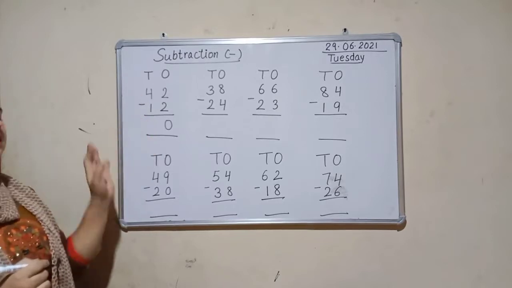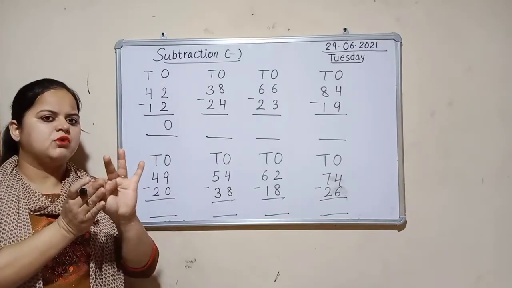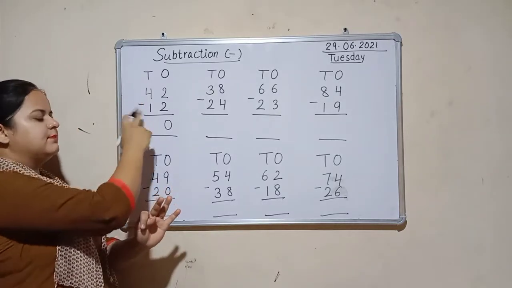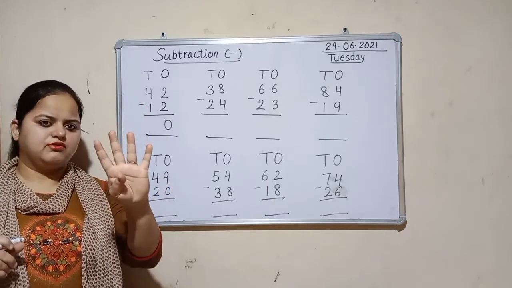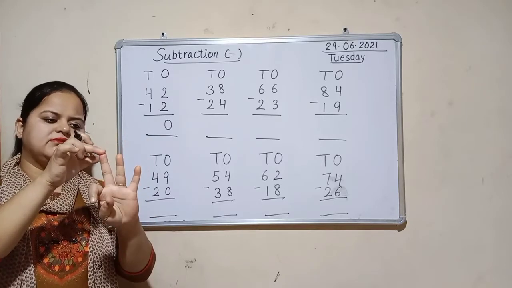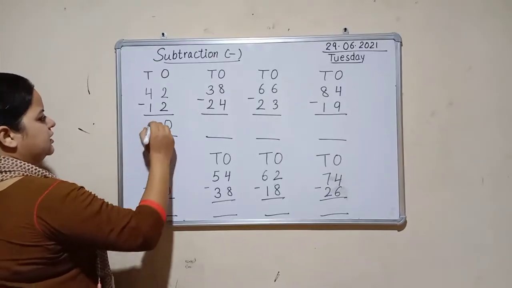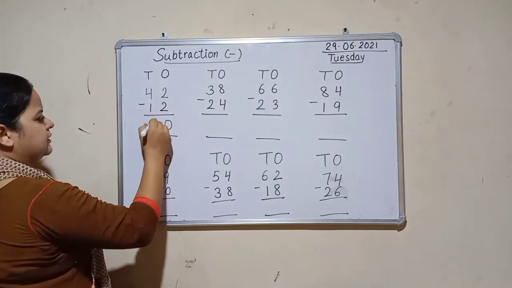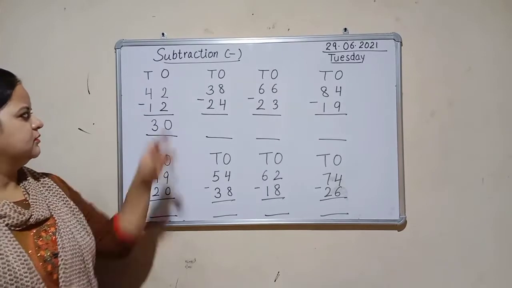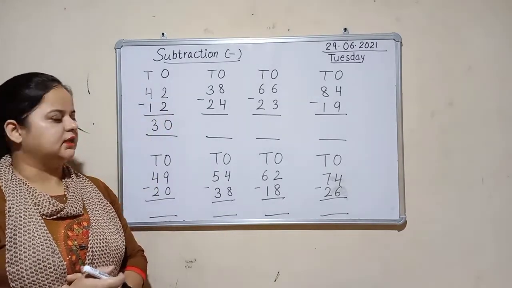Okay, 4 minus 1. So open 4 fingers and close 1 from these 4. Now we have 1, 2, 3. Only 3. So we will write here number 3. 42 minus 12 is 30.